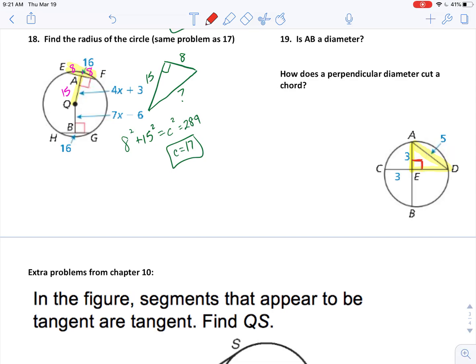Given my right angle, what kind of shape is this? Well, I could use the Pythagorean theorem and say 3 squared plus x squared equals 5 squared, or 9 plus x squared is 25, x squared is 16, x is 4. So then we've got to ask ourselves, did it cut it into equal parts? And it definitely did not.